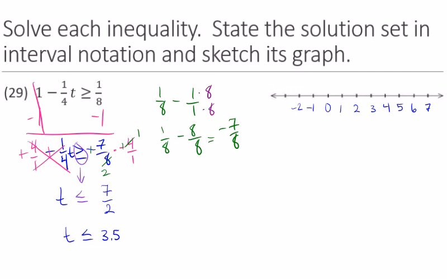So 3.5 is between 3 and 4, right in the middle. And so less than or equal to, so I'm going to put brackets, then I'm going to go left forever, and that's it. So when I have to write this in interval notation, it's going to be negative infinity, parenthesis on that side, all the way up to 3.5, and that's included.